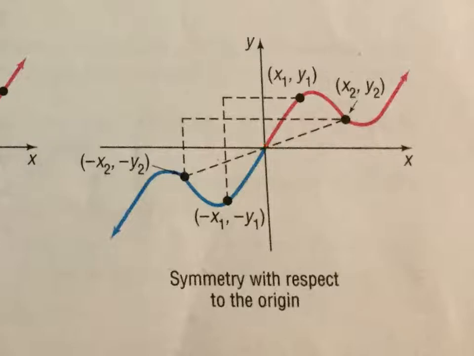I'm holding that red graph down here, grabbing the end up at the top right, and spinning it around, holding the origin down. Does it match exactly on it? It does. So think about rotating 180 degrees when you think about symmetry with respect to the origin.